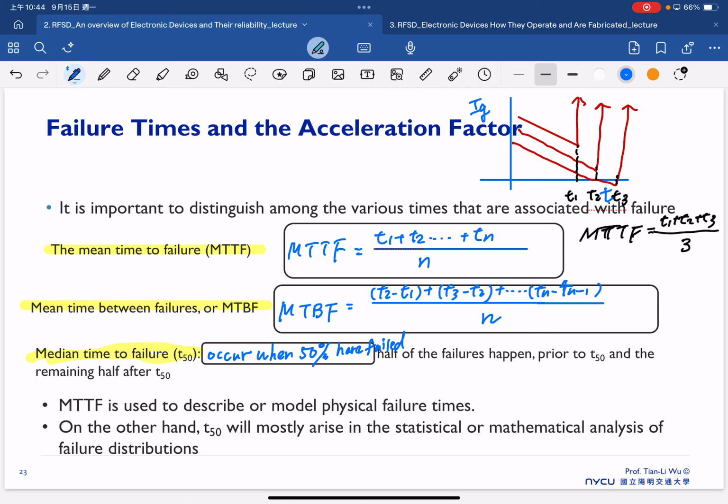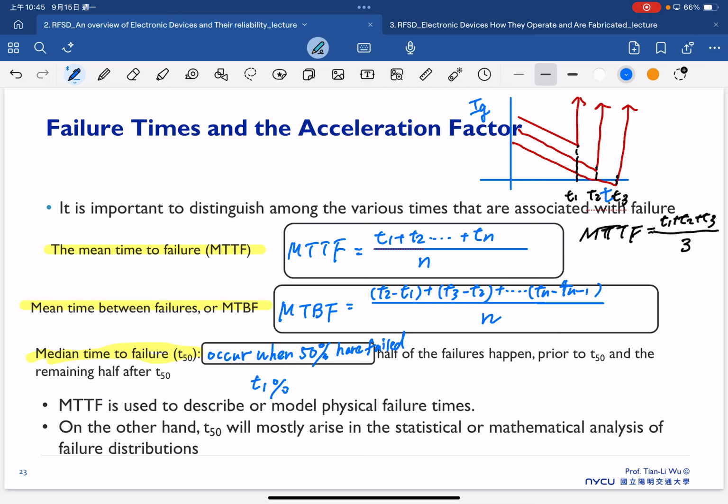So for mean time to failure, T50 is very important, but sometimes the value is very high, and in the end the normal spec for our product is T1%. What does T1% mean? It's the time it takes for one product to fail when we test 100 products.